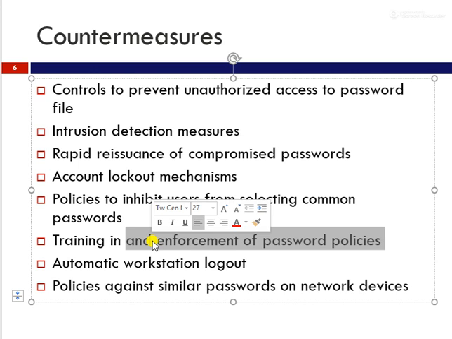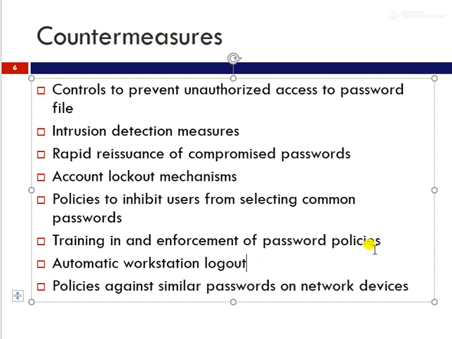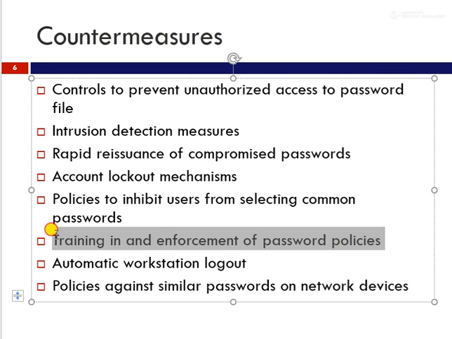We also need to set in the password policy that a password is valid only for 2 months, 3 months, 5 weeks, 6 weeks, and after that it should be changed. So by training and enforcement of password policies, we can prevent password guessing against a single user.